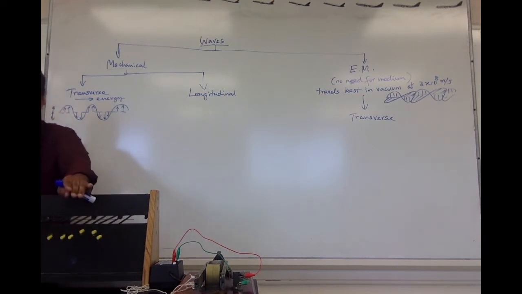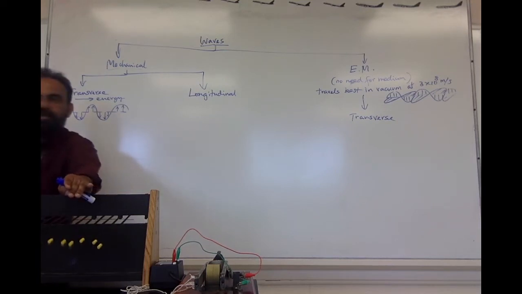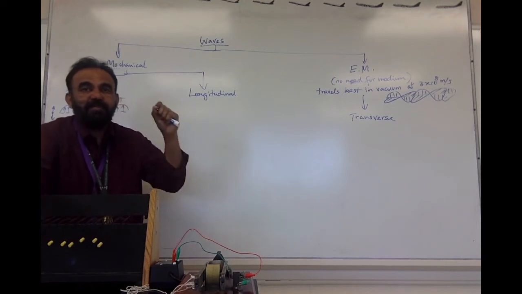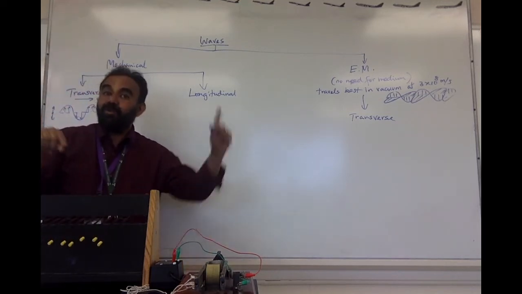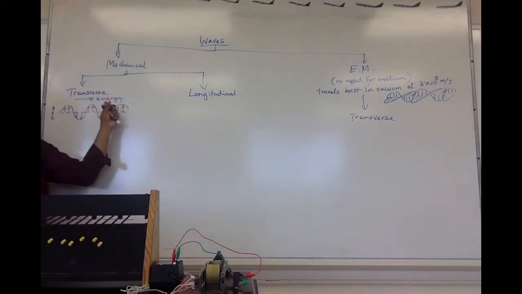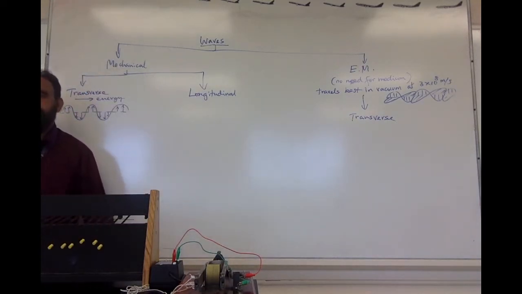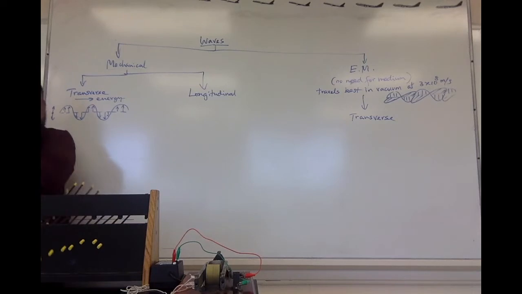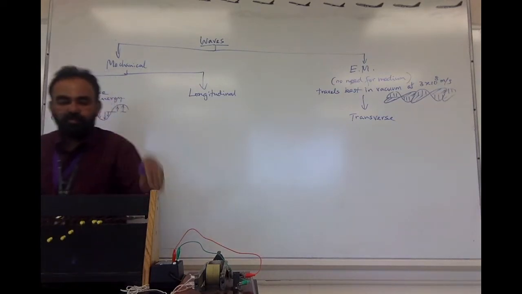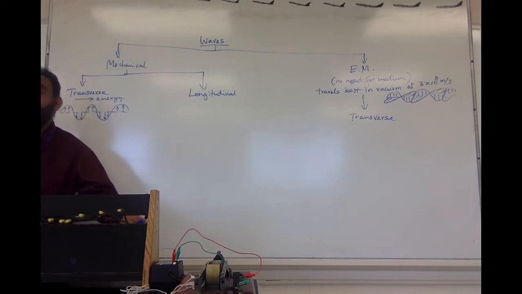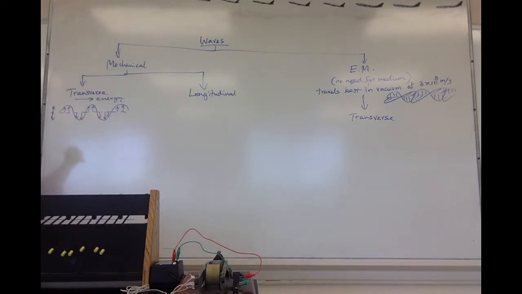But did the first yellow dot move this way? It's only going up and down. Each yellow dot representing the particles of the rope is only going up and down. It's not going sideways. But what is going sideways? The energy is going sideways. So when I send the waves from here, energy is going this side. Is that clear? What kind of a wave is that? Transverse wave.